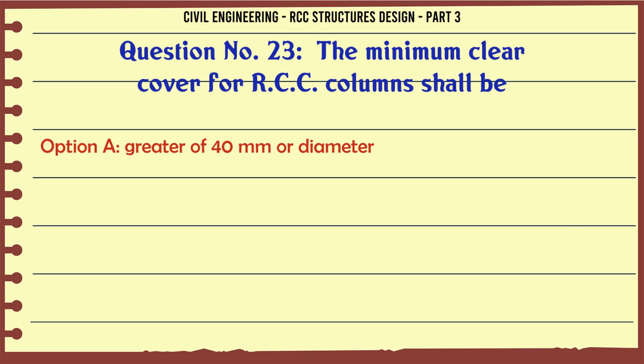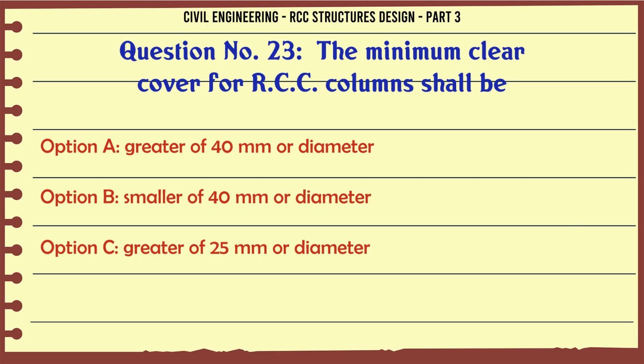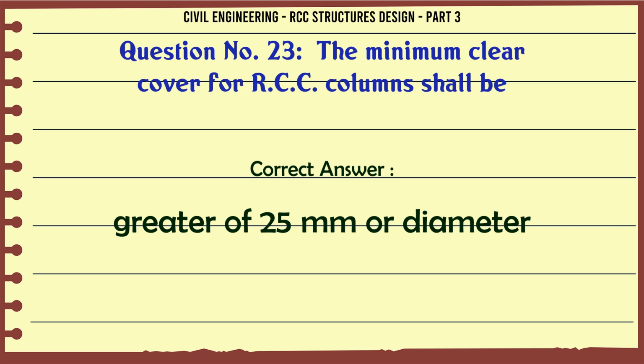The minimum clear cover for RCC columns shall be A. greater of 40 mm or diameter, B. smaller of 40 mm or diameter, C. greater of 25 mm or diameter, D. smaller of 25 mm or diameter. The correct answer is greater of 25 mm or diameter.